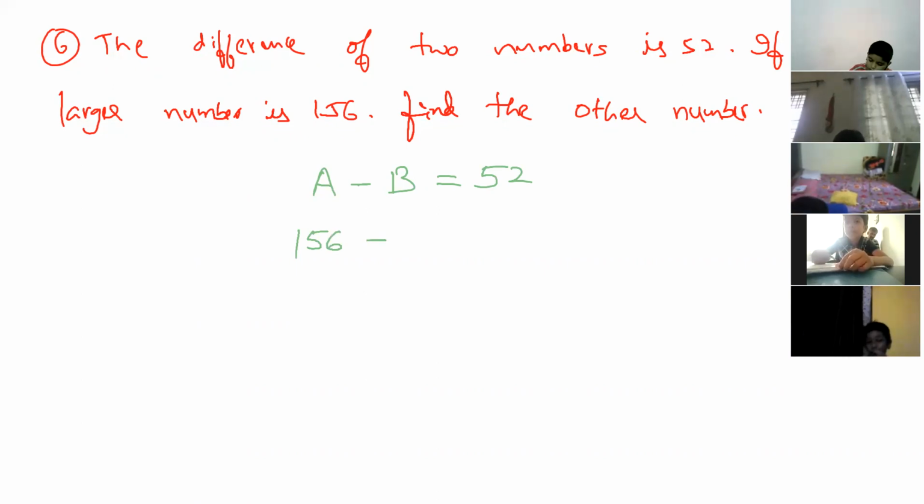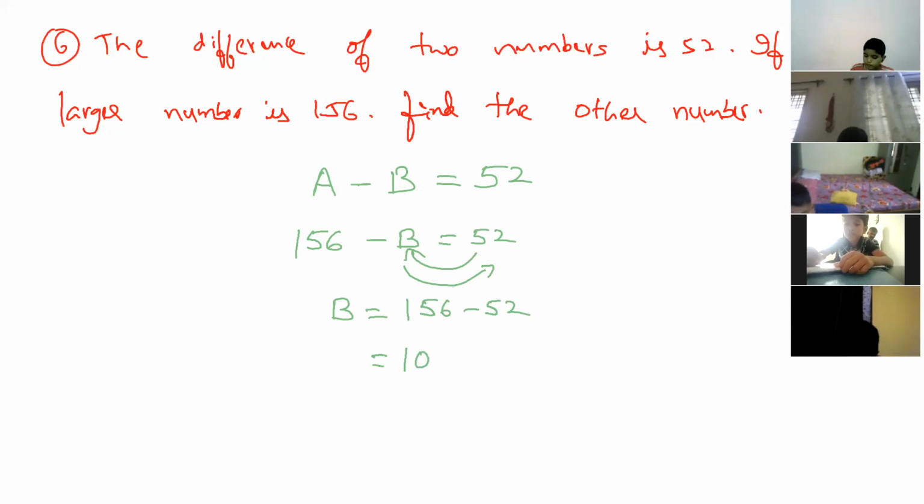We should find B. Yes, you have to interchange these values. Then you will get B: 156 minus 52, which is 104. The answer is 104.